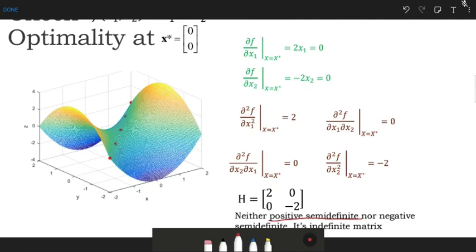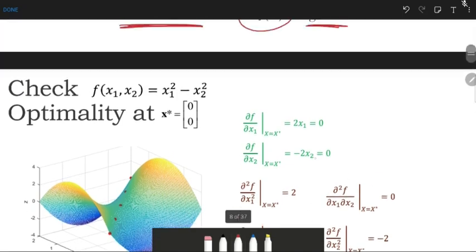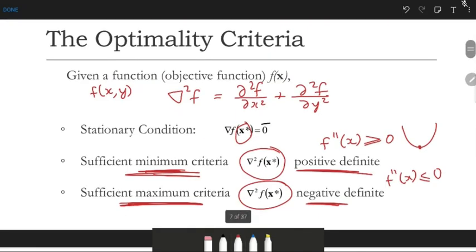Someone has something in the previous slide. Yes. In that time, I will check what is positive definite, positive semi-definite. You're asking something, right, Ayush?